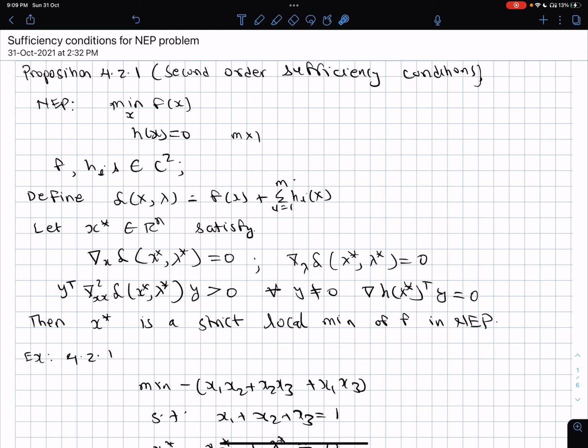Now, necessary conditions are always inbuilt in the sufficiency condition. So first what we are going to do is write a Lagrangian function. So how do you write the Lagrangian function?